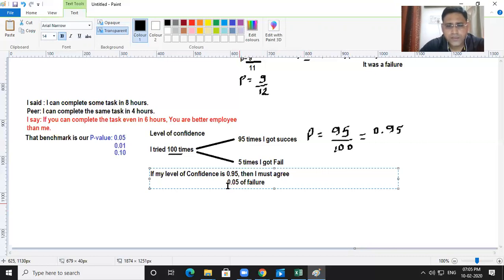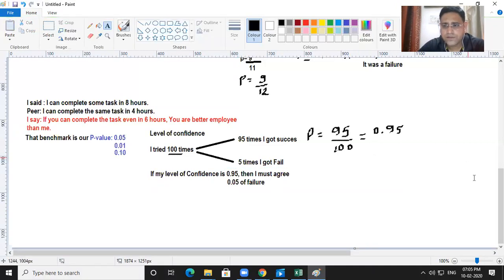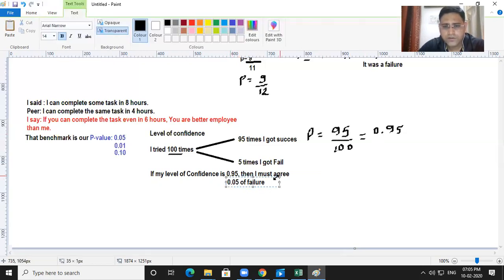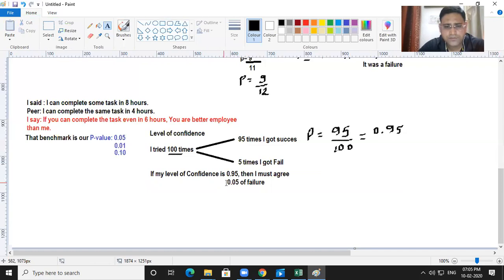Getting the point? If I'm 95% confident, it means still 5% I'm not confident. I might fail, 5% is the probability, but 95% I'm confident. So this is my level of confidence, and this is the value we have taken, 0.05.